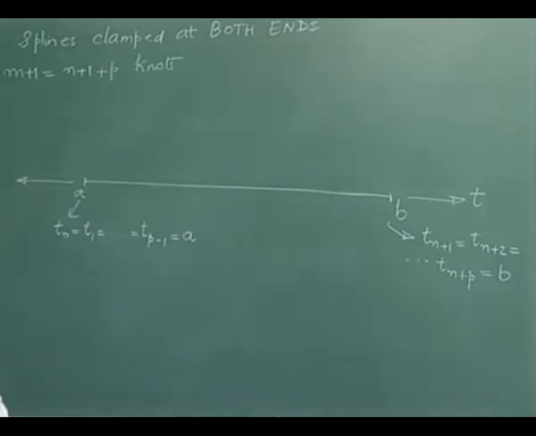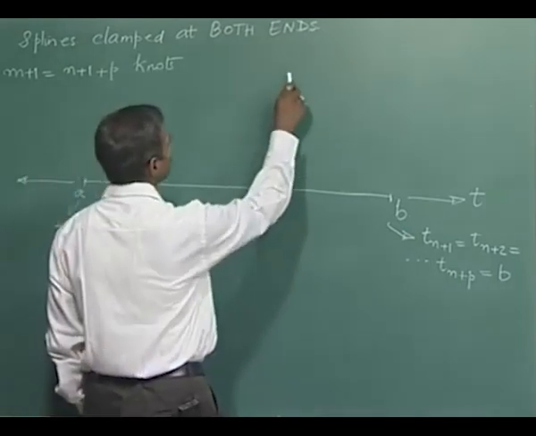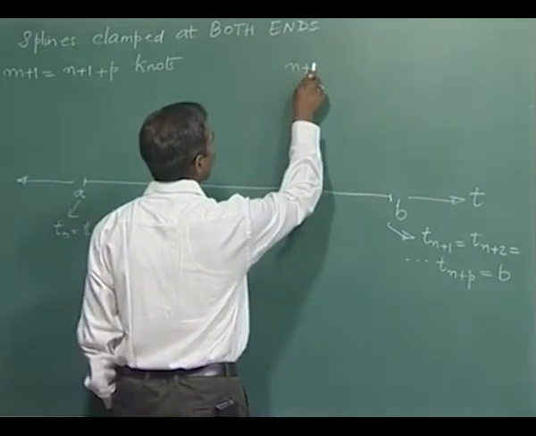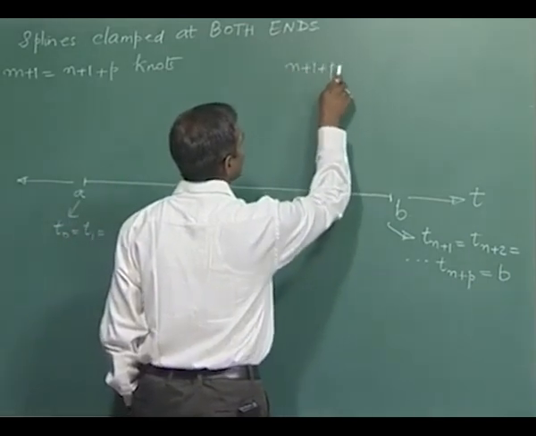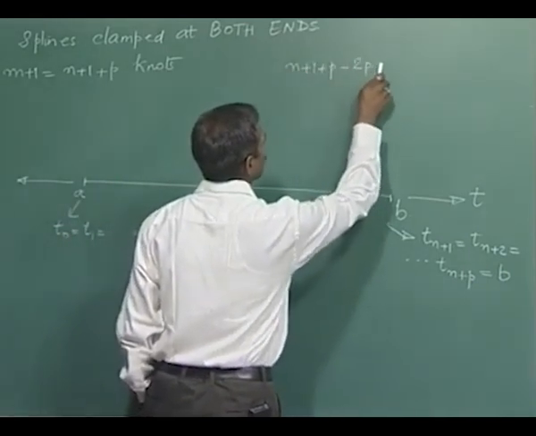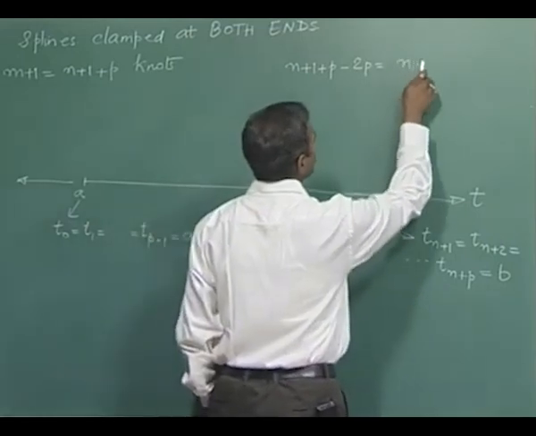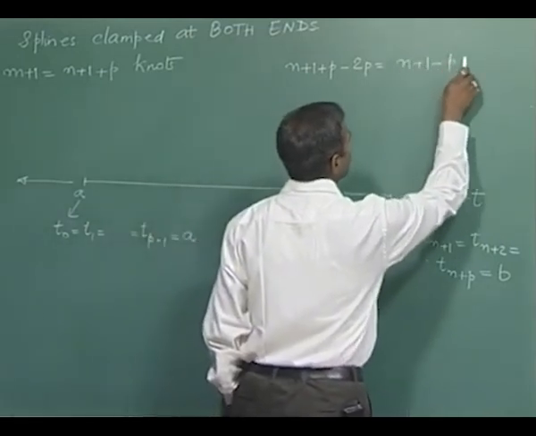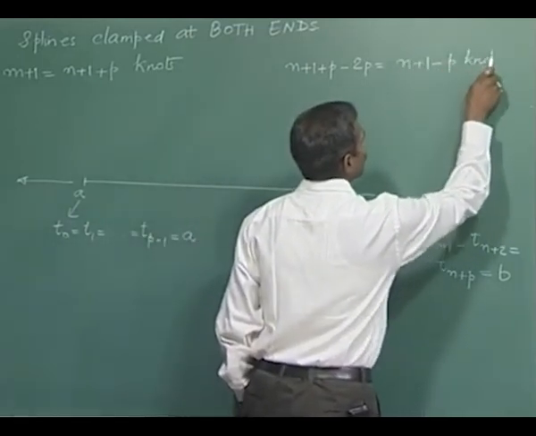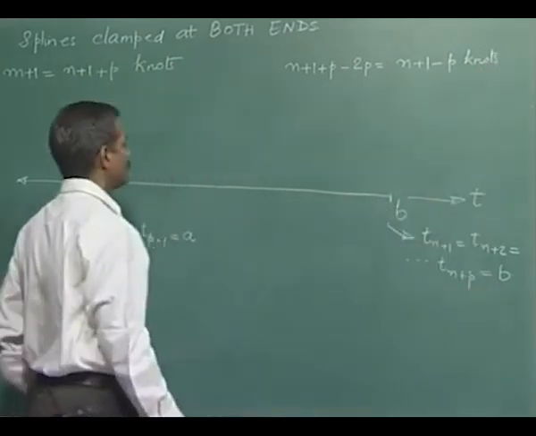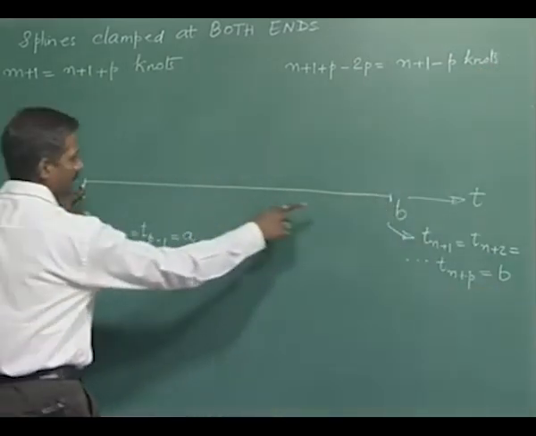What remains is n plus 1 plus p minus 2p, which is n plus 1 minus p knots that we need to determine within this interval.